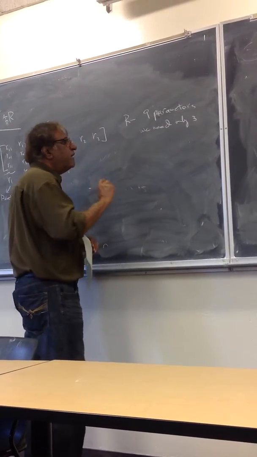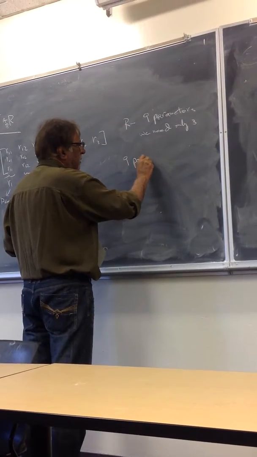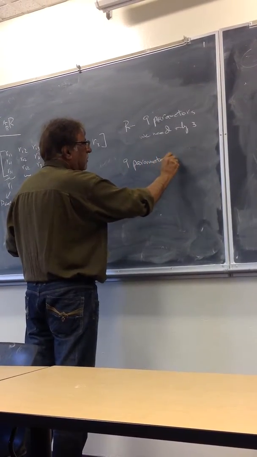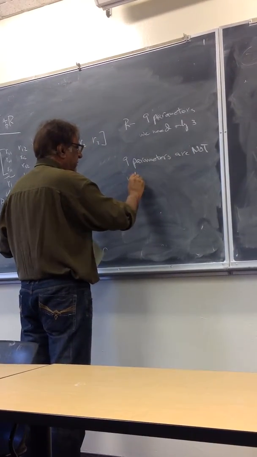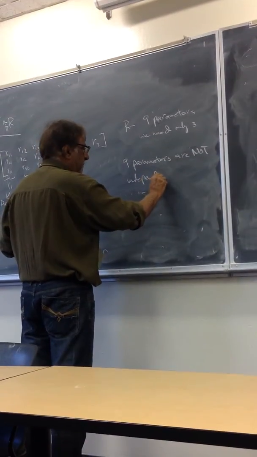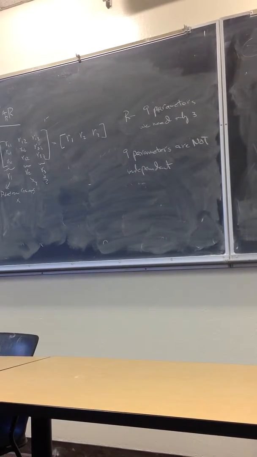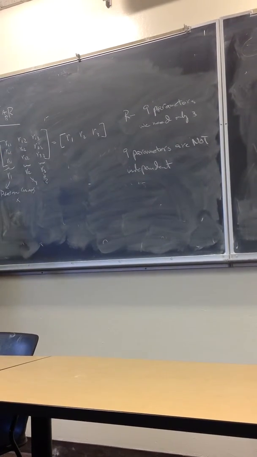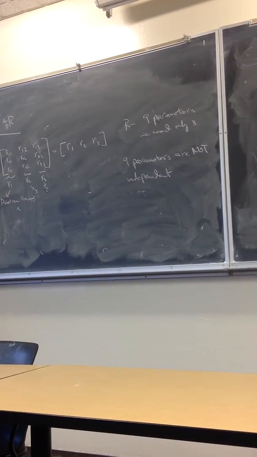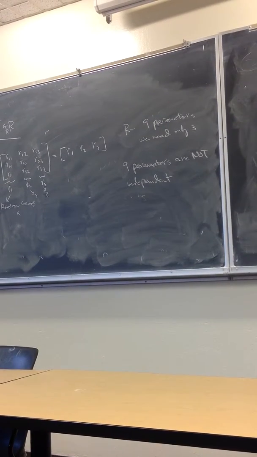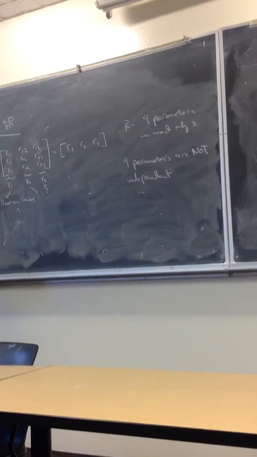That means that the 9 parameters in R are not independent. If all the information is embedded in these 9 numbers, and we actually need only 3, then these 9 numbers must have some relationships that make them redundant.